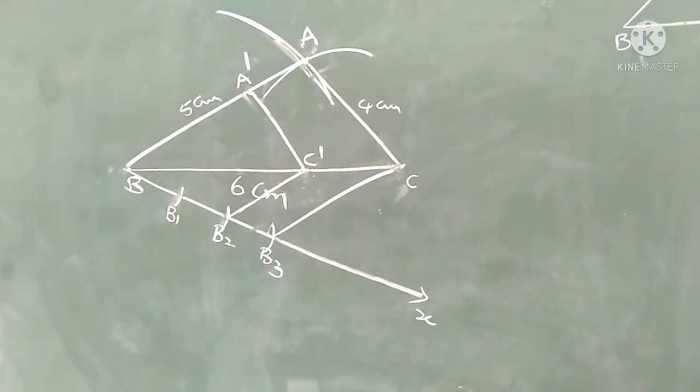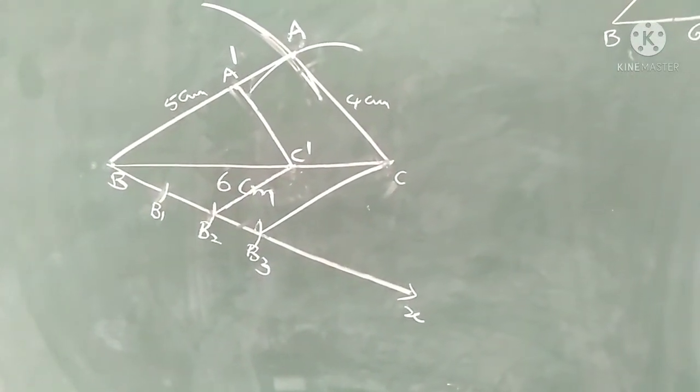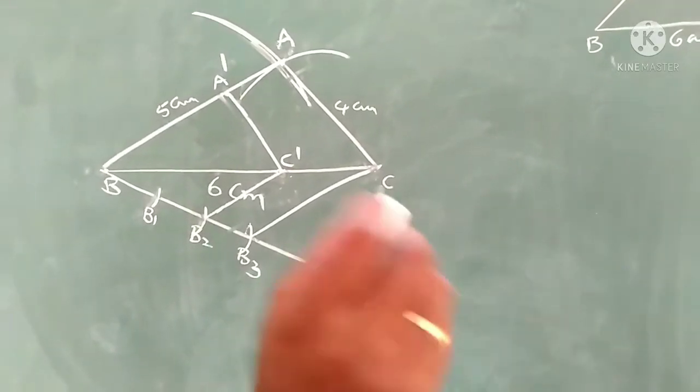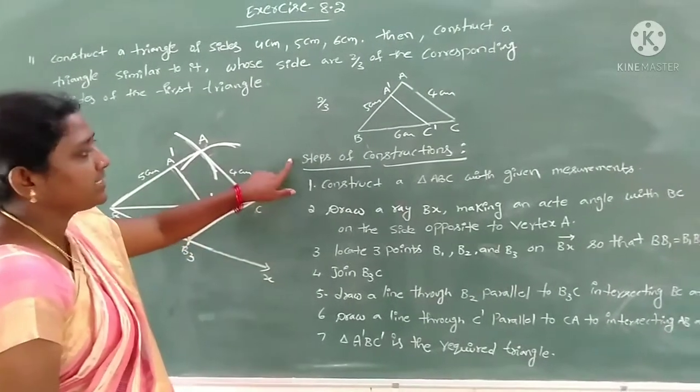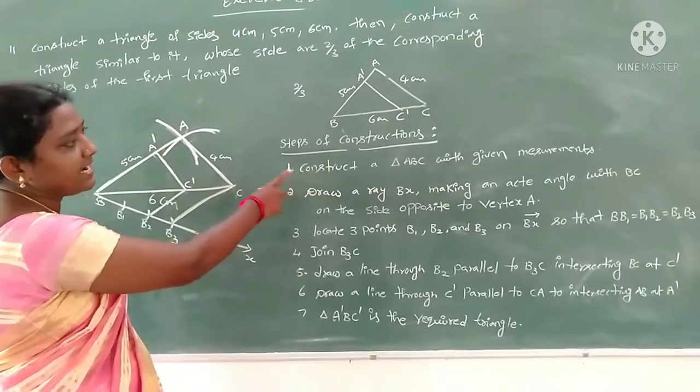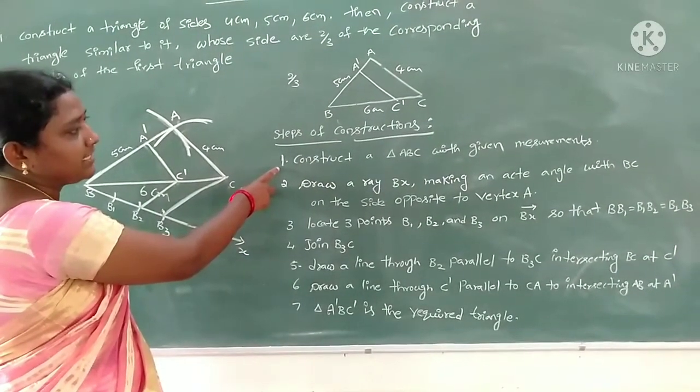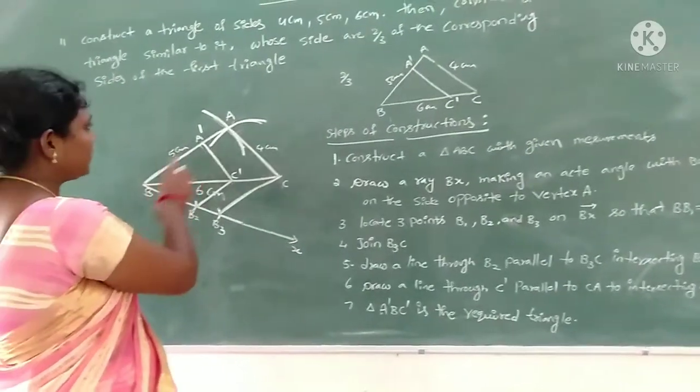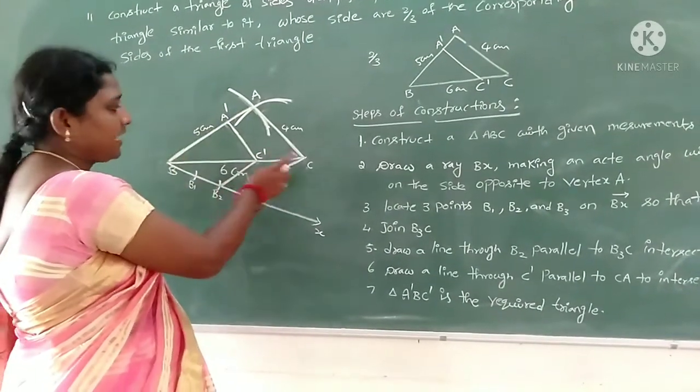Next write the steps of construction. First step, construct a triangle ABC with the given measurements.